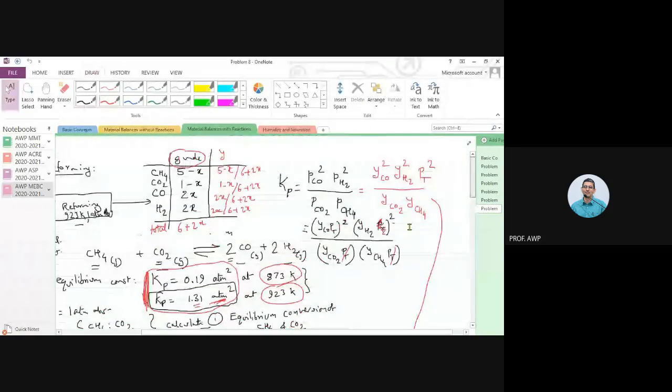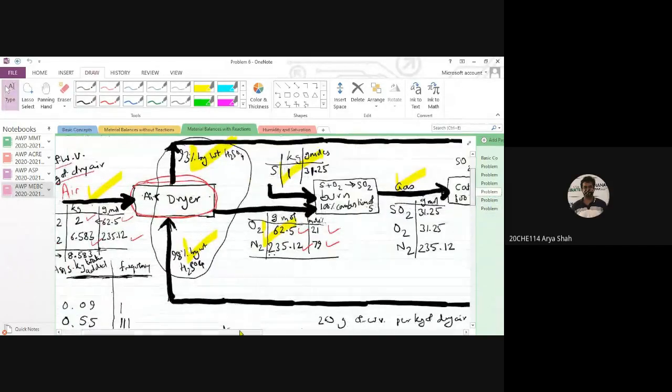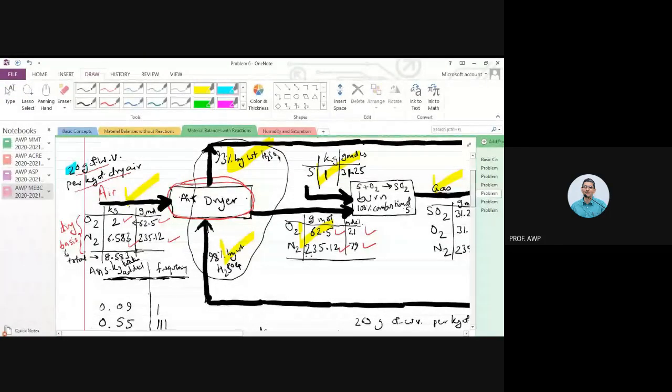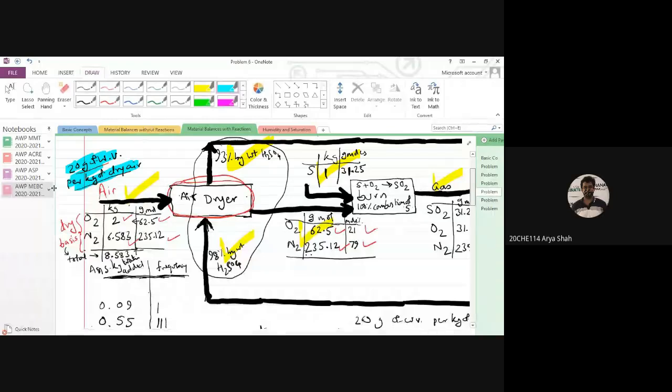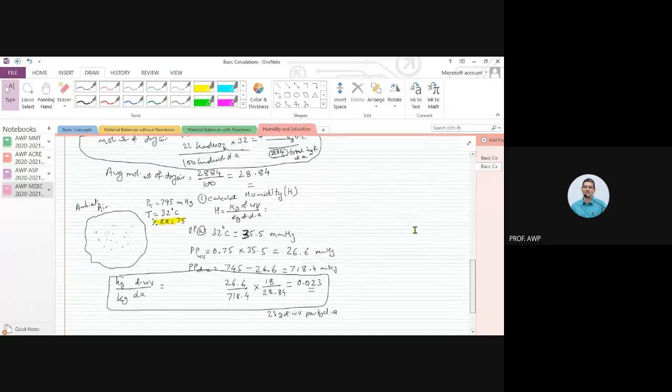We had an air dryer. We had taken 20 grams of water vapor per kg of dry air. Do you remember that? Yes, sir. So that is coming from these kinds of calculations. Okay, can we go forward?